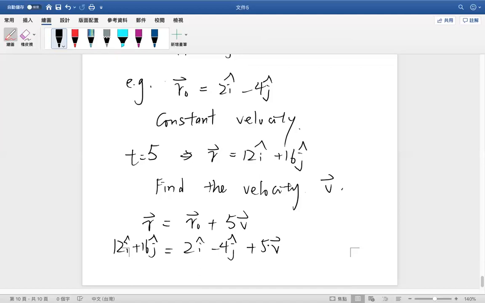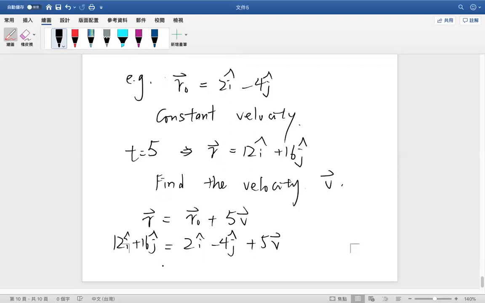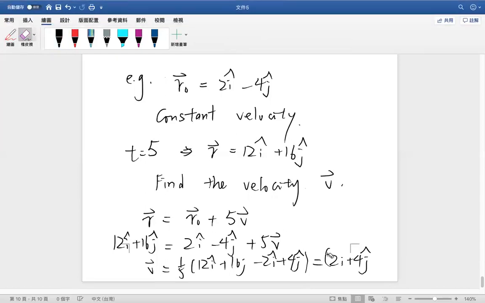Then we can solve for V immediately. V is just 1/5 of 12i plus 16j minus 2i minus 4j, which gives 2i plus 4j. Is it okay here? Yep, cool.